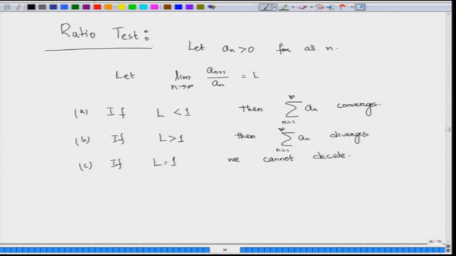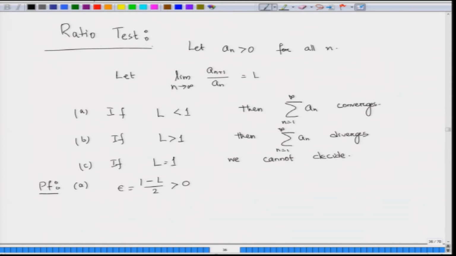Okay, so let us look at the proof of A, that is, L is strictly less than 1. Therefore, (1 minus L) divided by 2 is strictly positive. Now, we take this to be our epsilon.